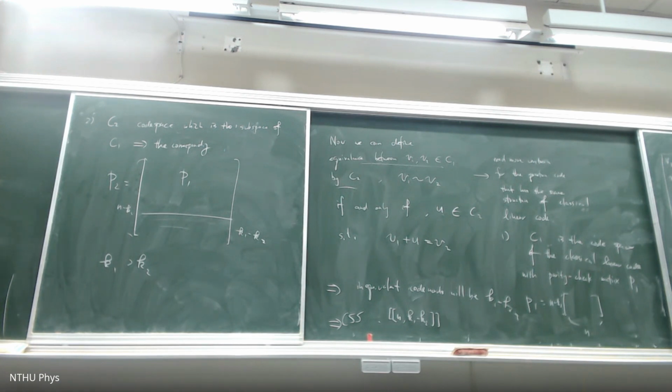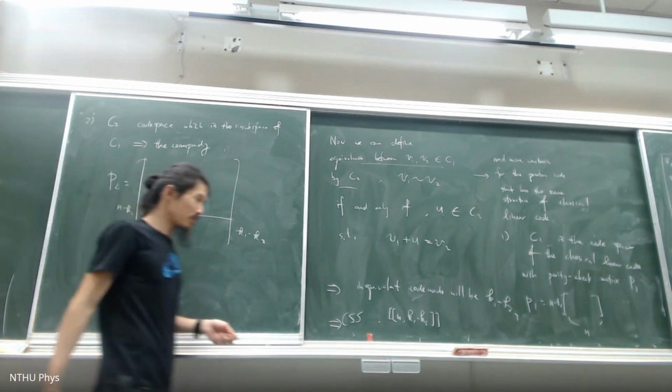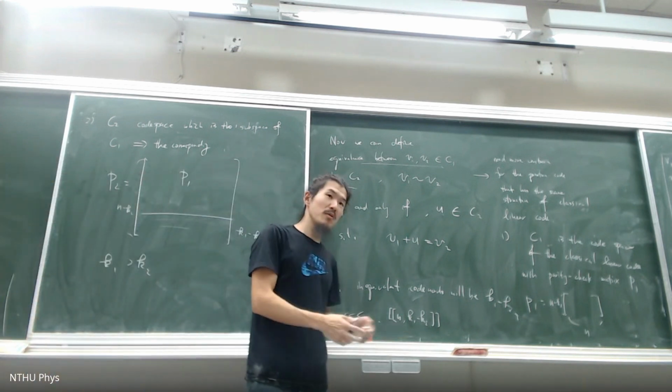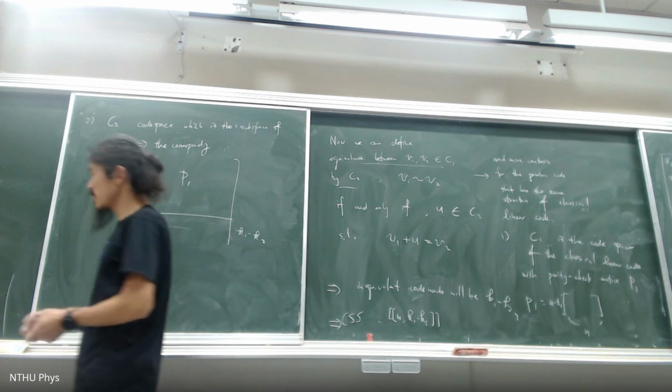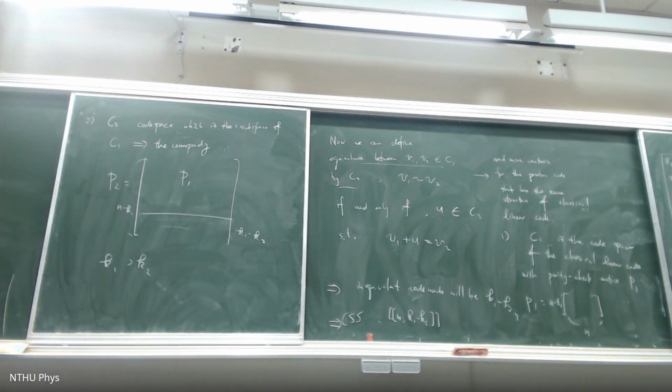This is for today. We discussed basically the stabilizer code formalism, the highly entangled structures of the quantum error correction code, and then we want to jump to another code called the CSS code. But before that, we need to introduce the classical linear code, which demonstrates some structure of the classical linear code.